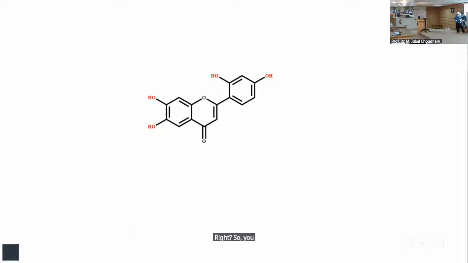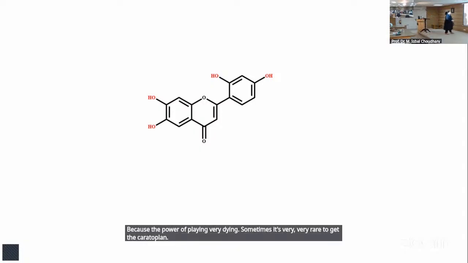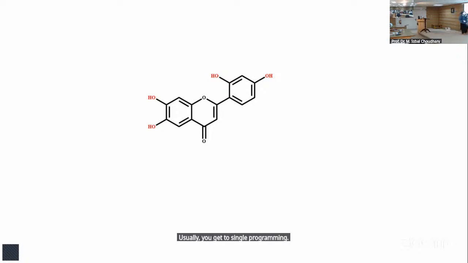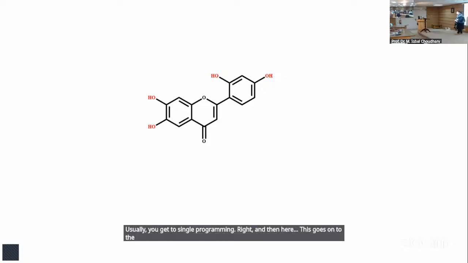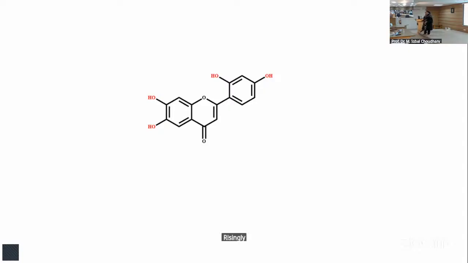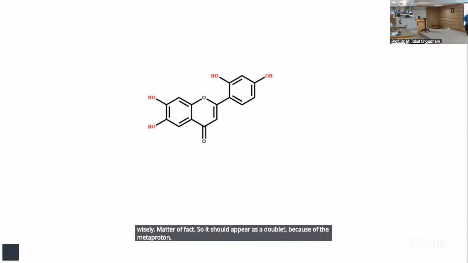You might or might not get a para coupling, because it is a very tiny coupling. It is very rare to get the para coupling. Usually you get two single protons, right? And then here, this proton should appear as a, why is English? Meta coupling, good. So it should appear as a doublet because of the meta proton.